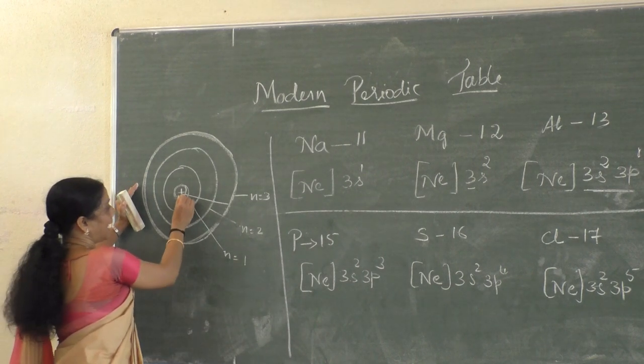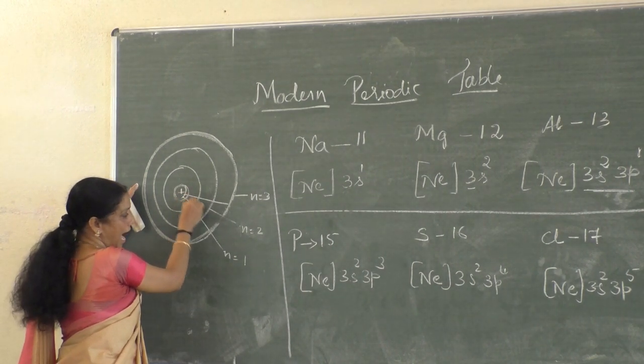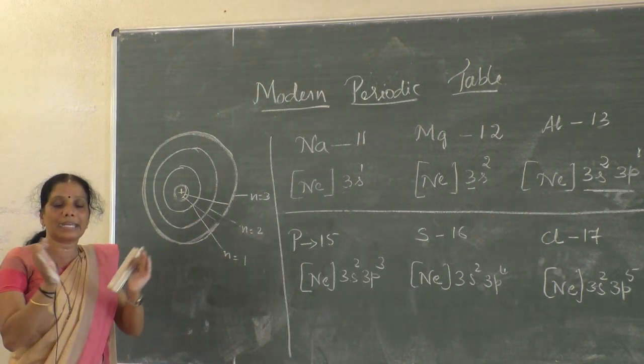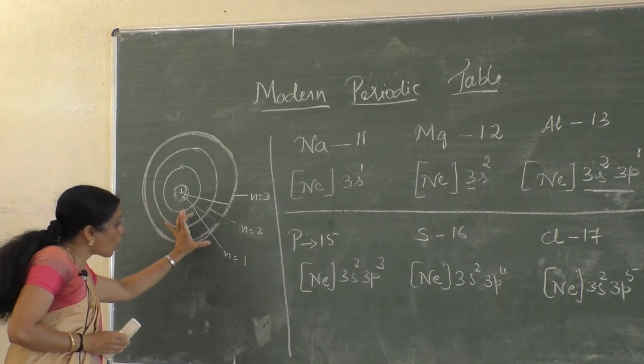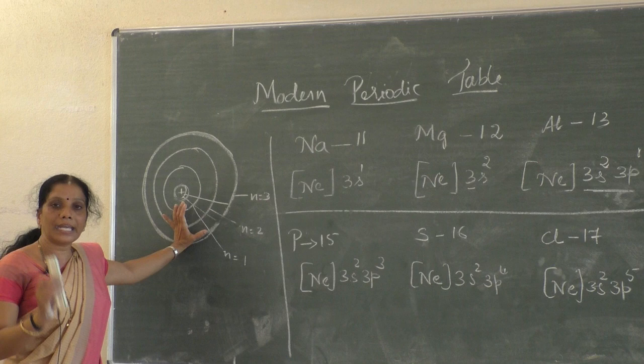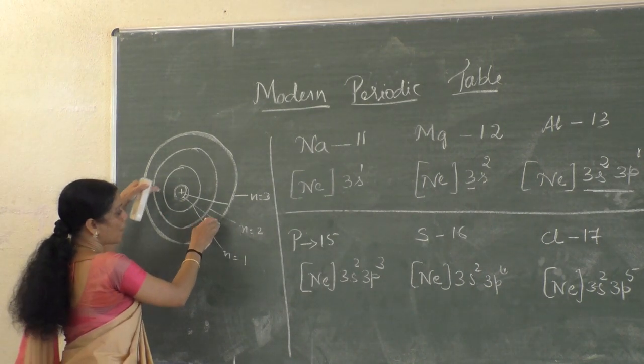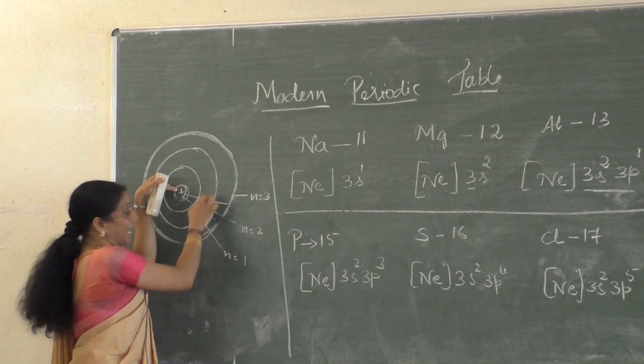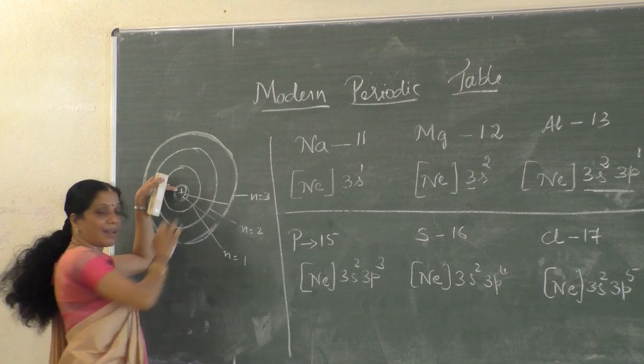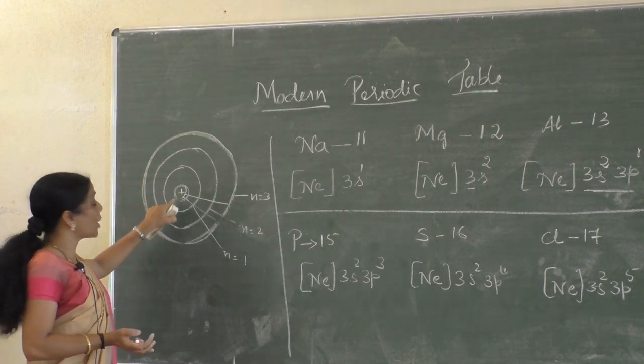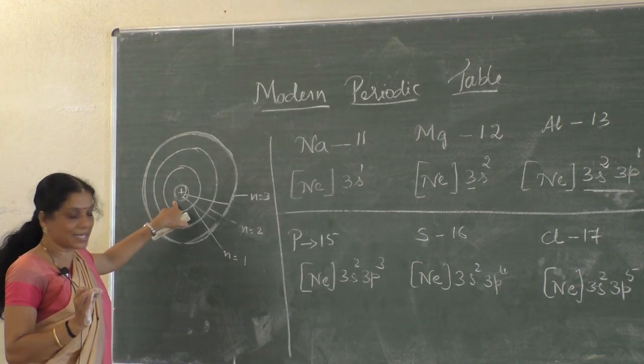Hence, the radius of an atom, what happens? It decreases. As the number of electrons entering into the same main energy level increases, the number of protons also increases.